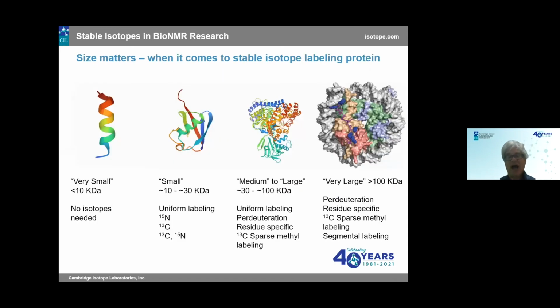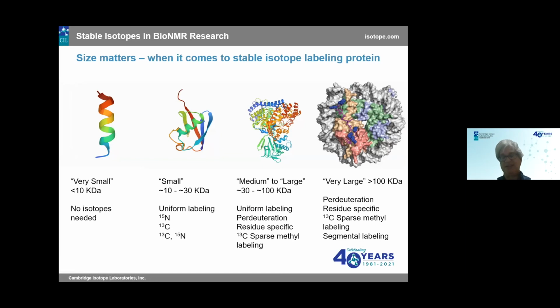And so how does one label a protein? Well, one labels a protein depending on the type of information that you would like to obtain, but also the size of the molecule matters. Very small molecules don't even require any isotopes. You can get a lot of information by just proton-proton homonuclear types of experiments. But now this slide is really dealing with protein.